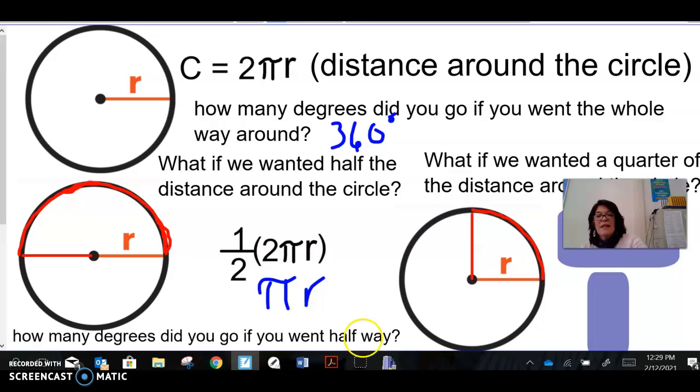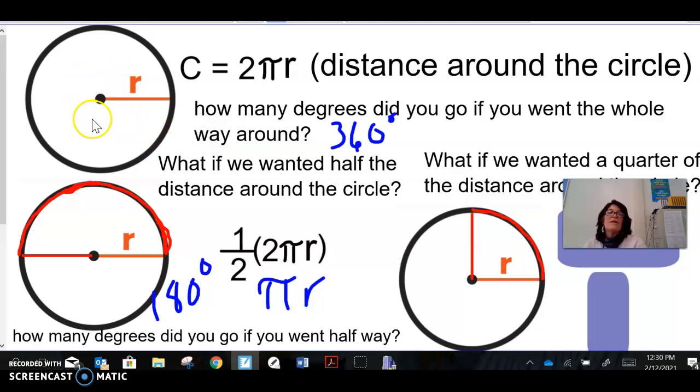How many degrees did I go if I went halfway? Halfway is 180 degrees. Think about 180 degrees, and here we have pi. I'm ignoring the radius for a second, because the degrees ignore the radius. The whole way around was 2 pi times the radius.